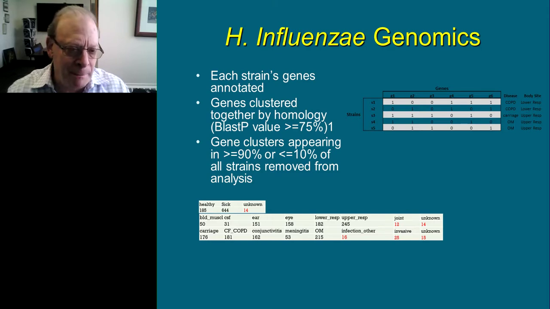And you can see down below that we have grouped them by location of isolation and by disease. By location of isolation, we've got muscle, cerebrospinal fluid, ear and eye, lower respiratory and upper respiratory, joint space, and unknown.